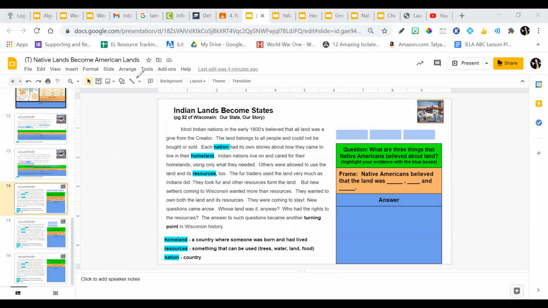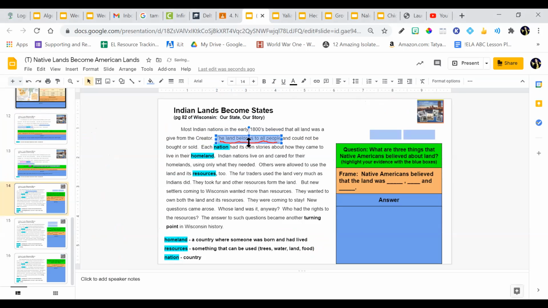The land belonged to everyone. Okay, so we said that the land belongs to everyone. Where do we see that? Right there, I see. The land, yeah. Okay, so let me highlight that. Take one of my highlighters here. I need to highlight three things, right? Belongs to all people. So there's one.